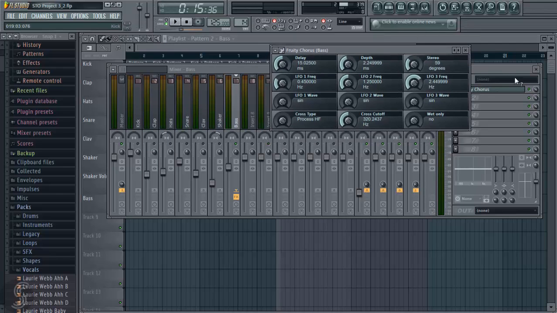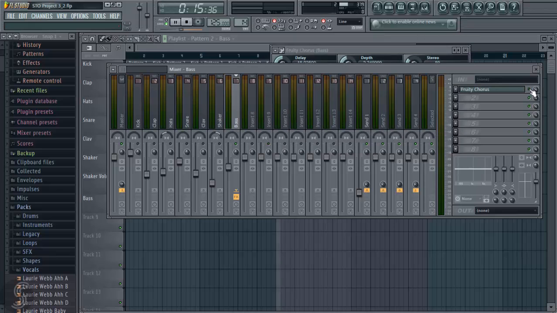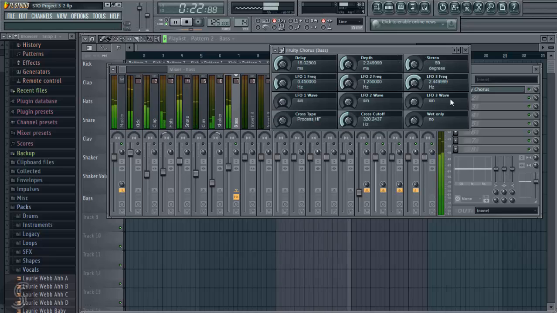Over here, if I click on this guy here, it'll mute the effect. That's without. And now with the effect. So that's obviously having a big effect on the sound.